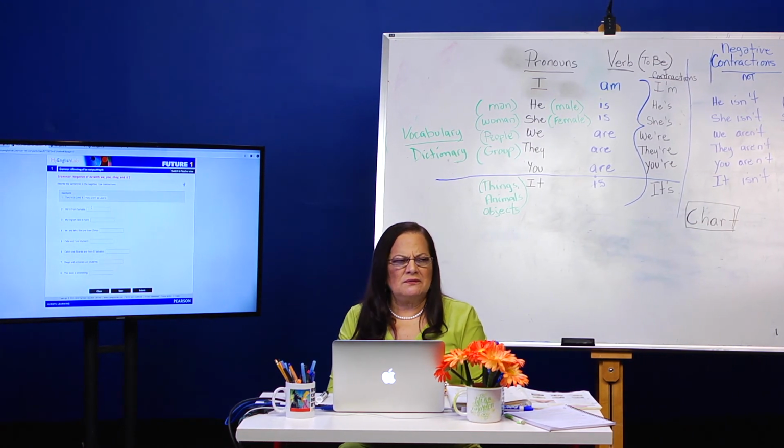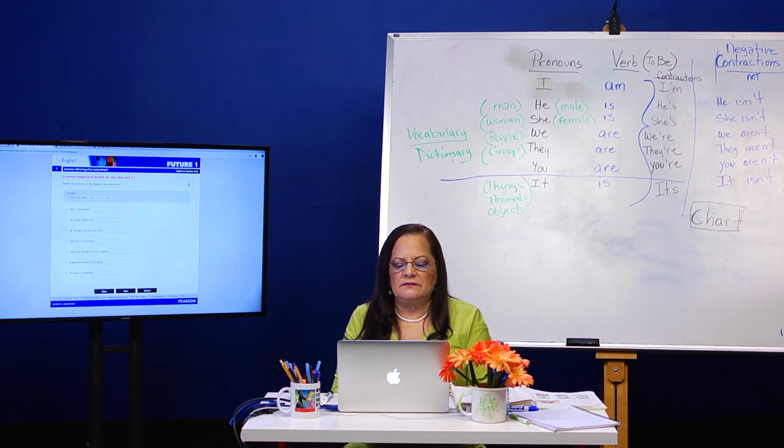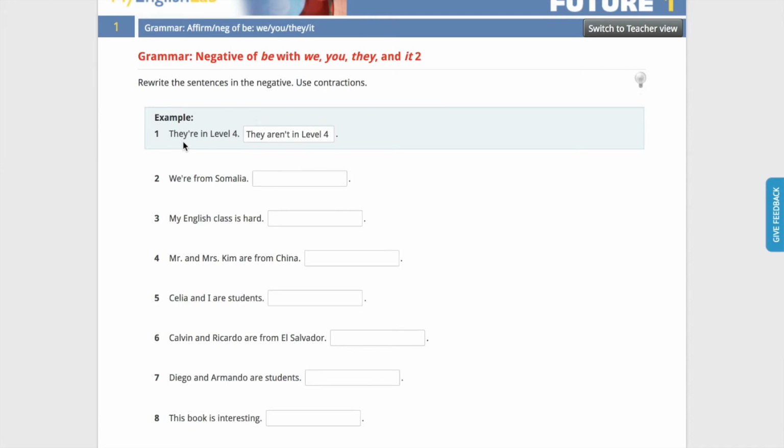Are you going to say, what? What was that, N'T? Well, let's look. The example. They're or they are in level 4. They aren't in level 4. So now you have to make a positive yes to a negative no.